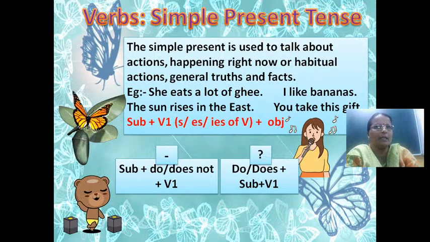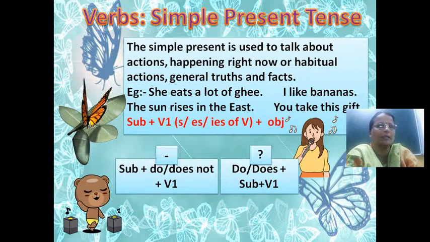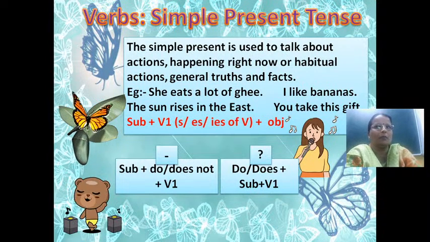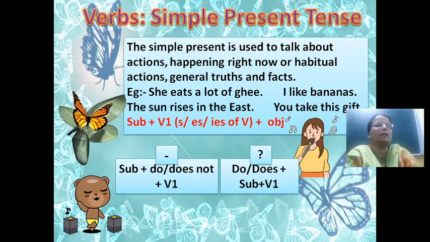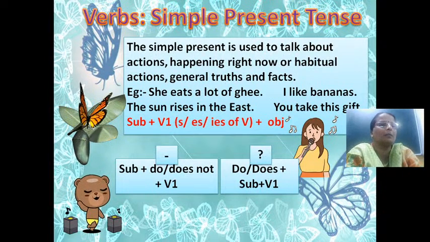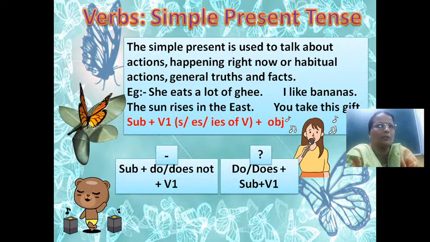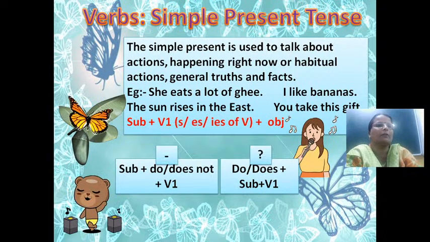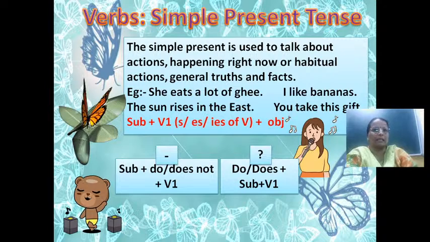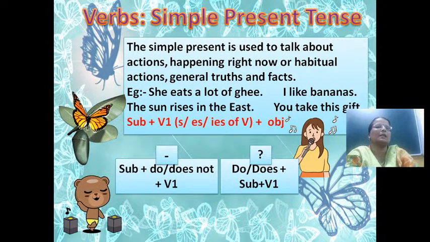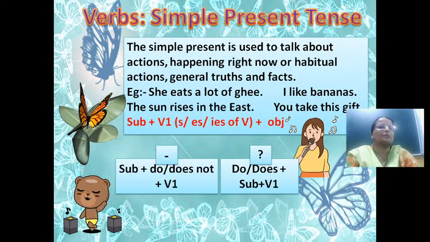And if you have to form any negative sentences or questions with I, you, we, they and any third person plural, then we have to use do plus V1. This is the grammar rule which you should remember when you are forming sentences, negative sentences and questions in simple present tense. Okay? I hope you understood, children.